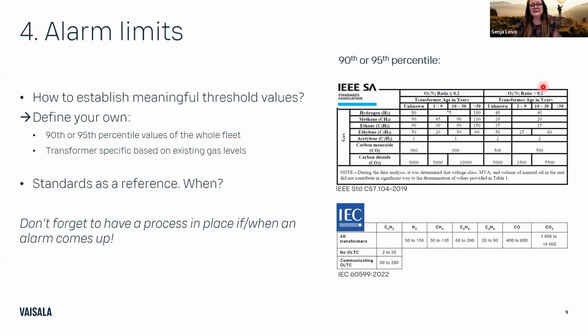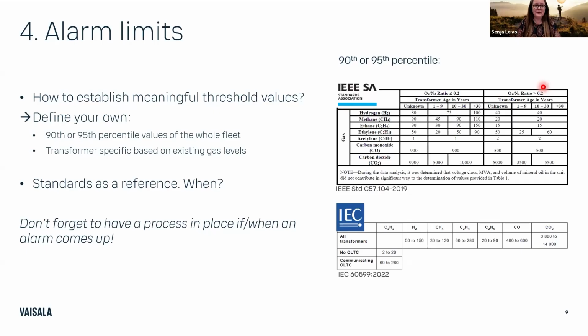What that means is, if you have a big fleet like grid operators usually have, put your whole fleet in a spreadsheet or whatever database, and define what the typical values of your transformers are in your region, in your climate conditions, with your loading profiles, etc. That probably will give much better, more realistic values for the alarms.